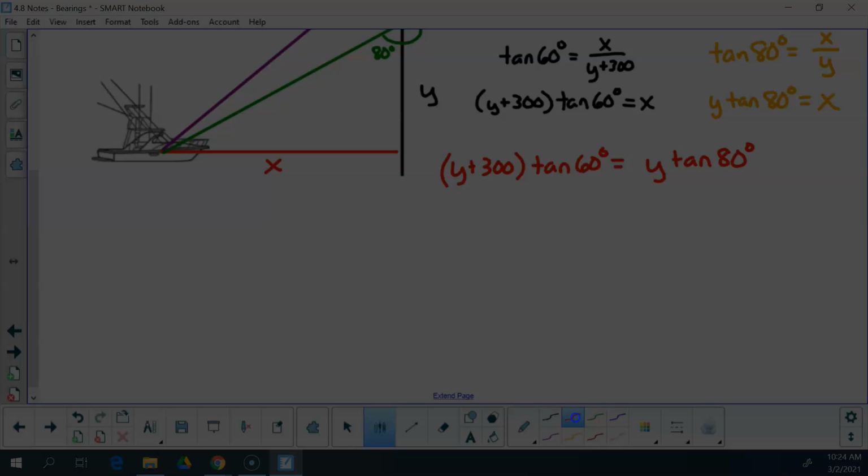If I distribute this tangent of 60 degrees, I get that.